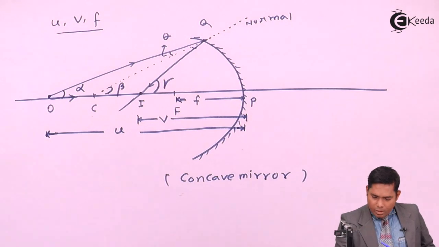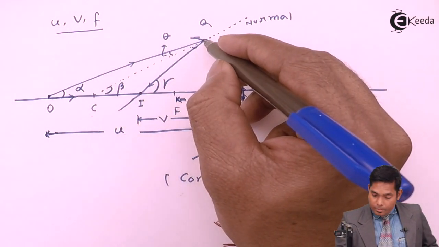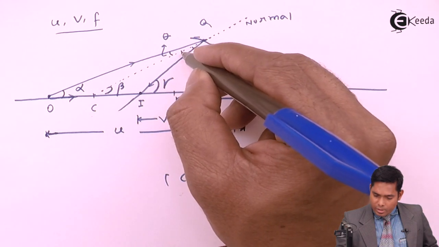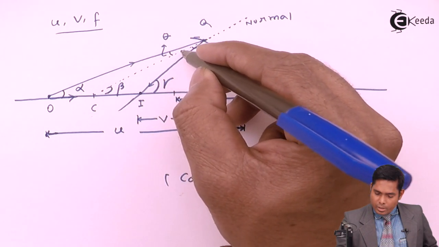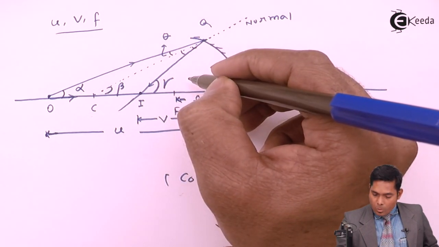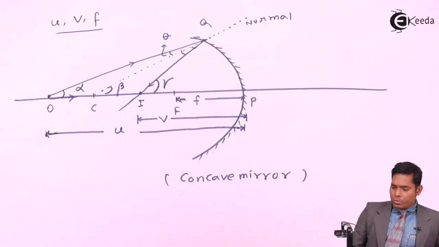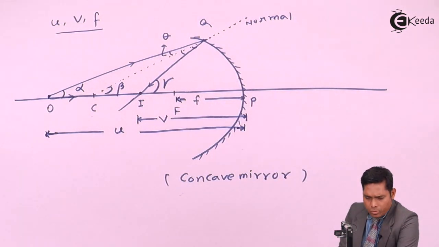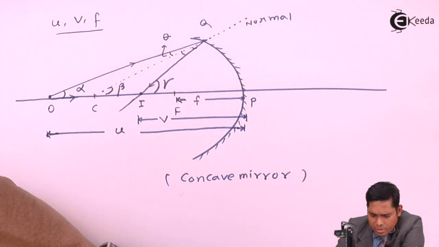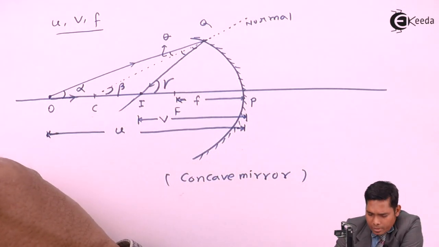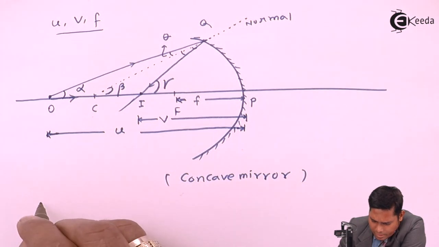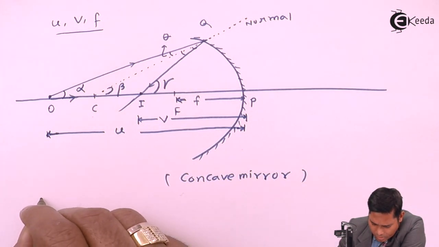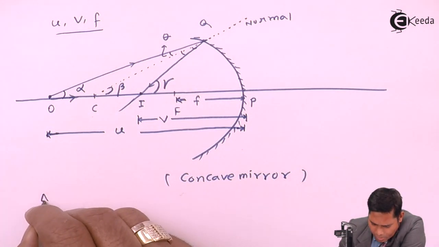Now if this angle is theta, then this angle is also theta. So this total angle is 2 theta. I can use any way of getting the relations among these three quantities, but first I will consider two triangles.